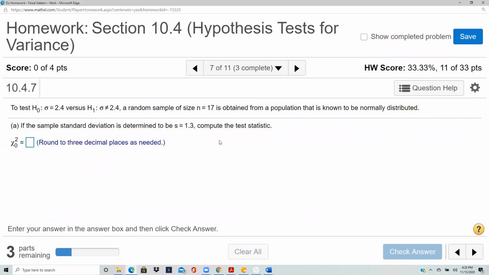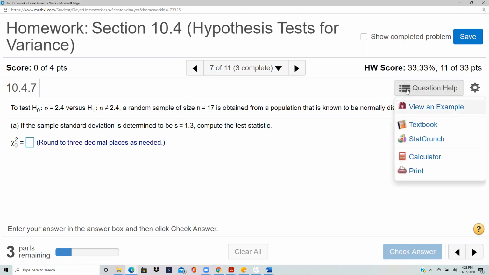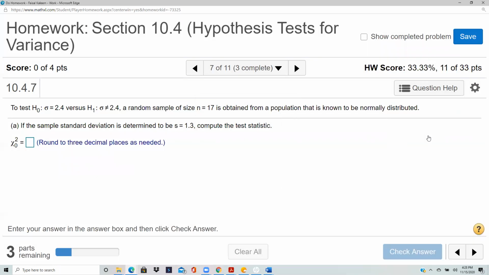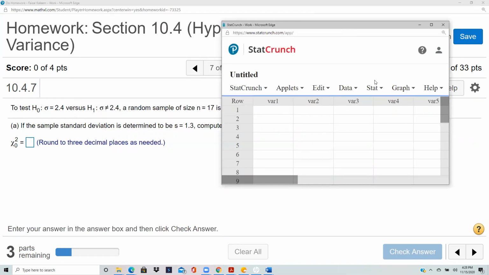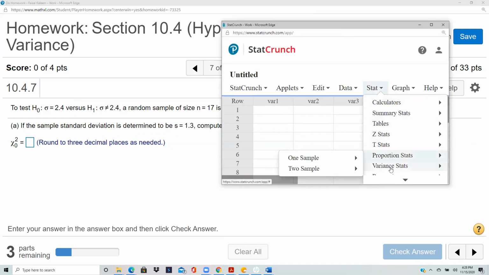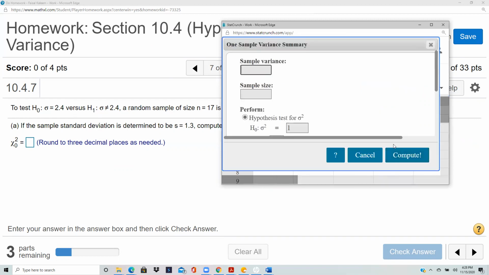Okay, test statistic again. So Stat, Variance stats, One sample, Summary. Okay, the sample variance will be the square of 1.3, which is 1.69.